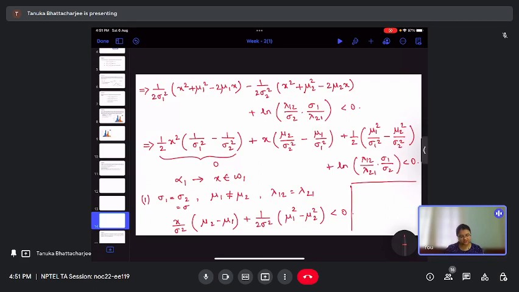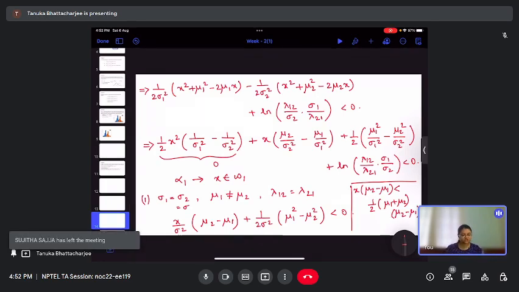So if we further simplify this classifier, we can write x into mu 2 minus mu 1 should be less than half of mu 1 plus mu 2 into mu 2 minus mu 1, because I have already changed the side.